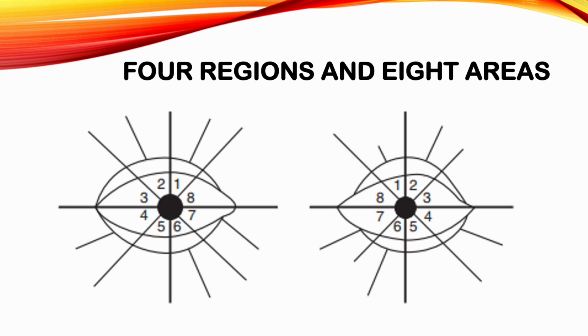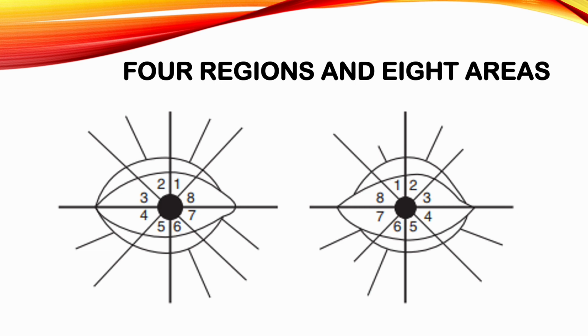Locations and indications. Eye acupuncture locations consist of a total of 4 regions, 8 areas, and 13 points. With your eye looking straight ahead, draw a horizontal line connecting the inner canthus with the outer canthus. Draw a vertical line from the infraorbital region and the superior orbital region, dividing the eye into 4 regions.